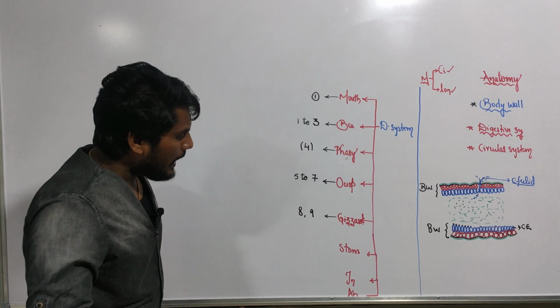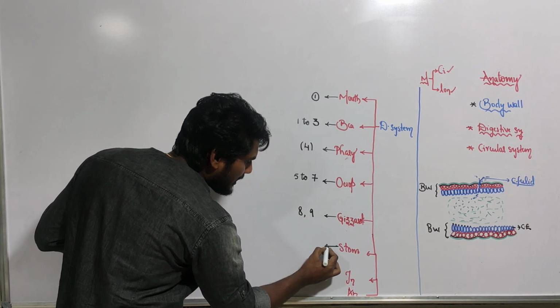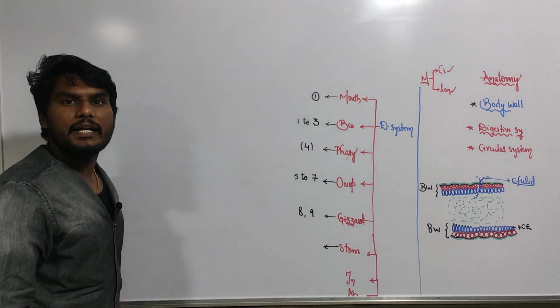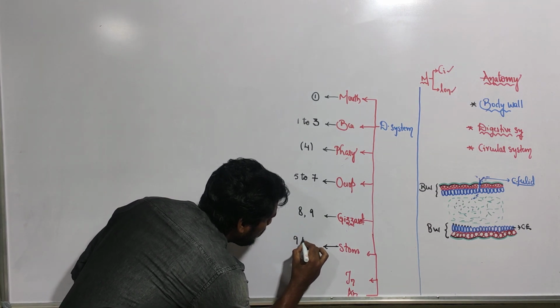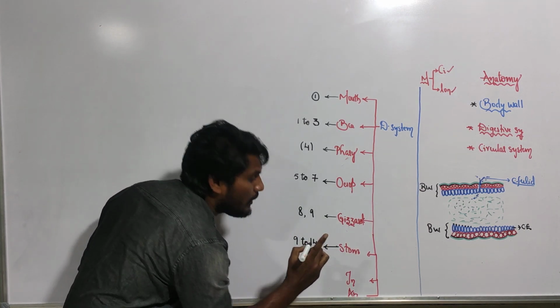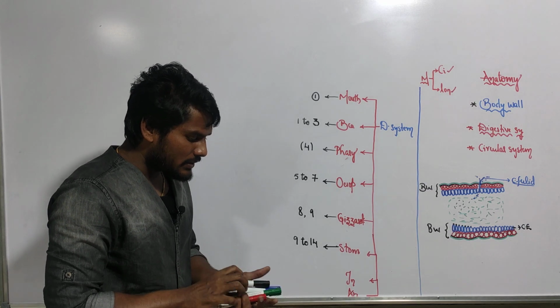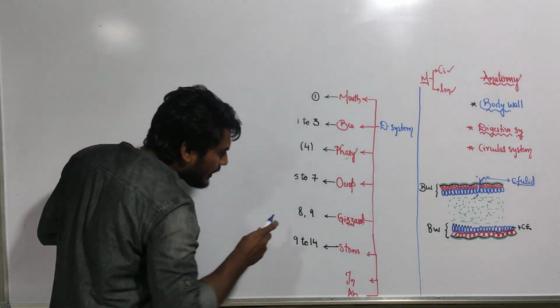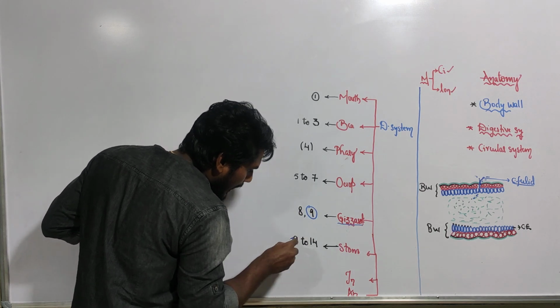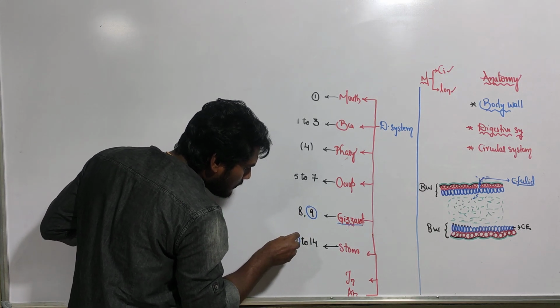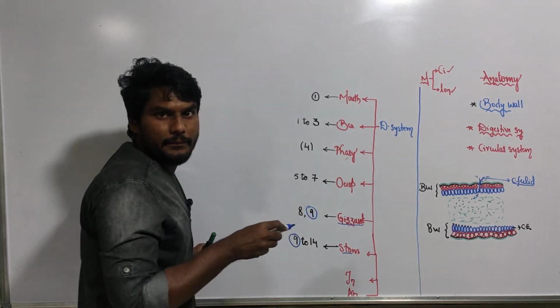Next, after the gizzard, the stomach is present. Where does the stomach extend? The stomach extends from the 9th segment to the 14th segment of the earthworm. Be conscious here. The 9th segment is the place for the gizzard, and the 9th segment is also the place for the stomach.